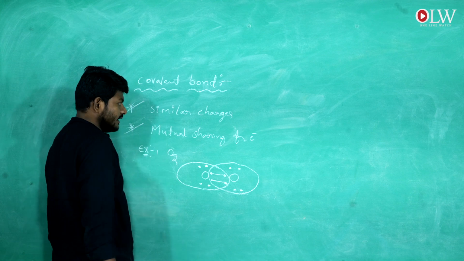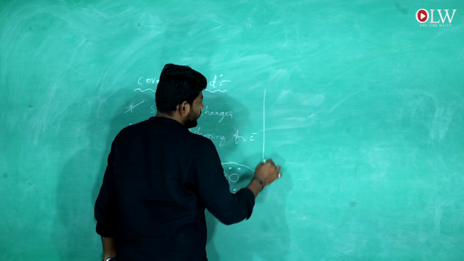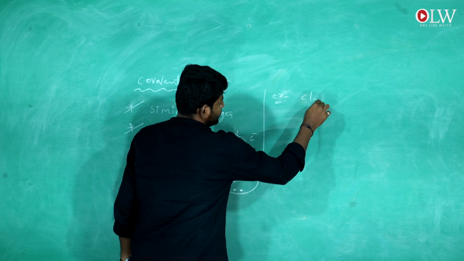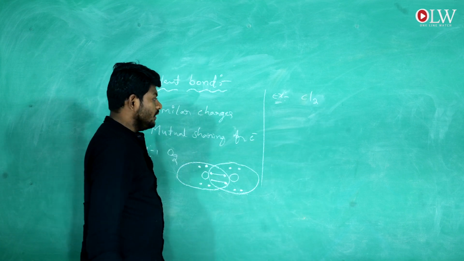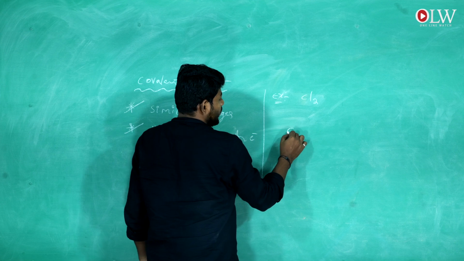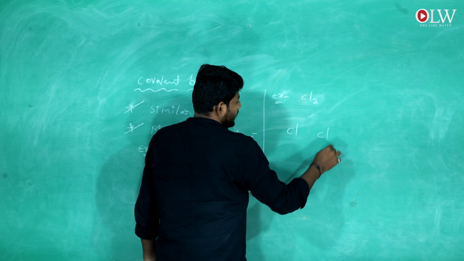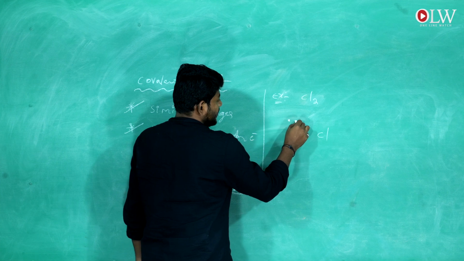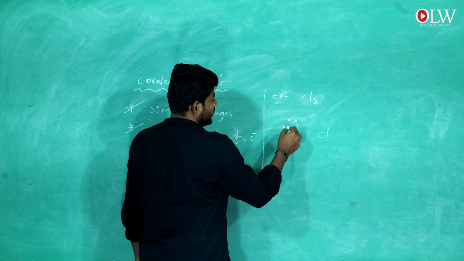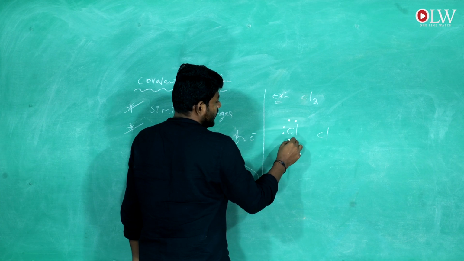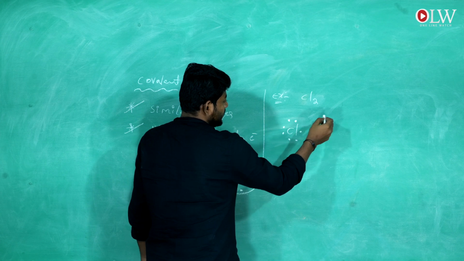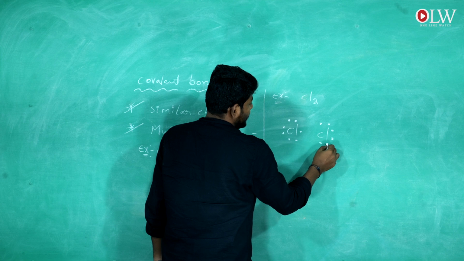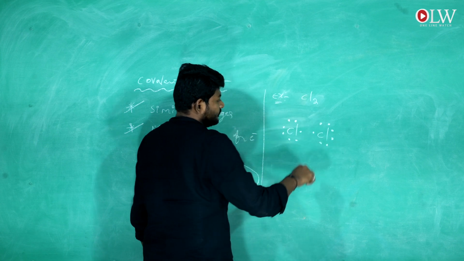Let's take another example, example 2: Cl2. Two chlorine atoms, this is one and this is one. Each chlorine atom contains 7 valence electrons in its outermost shell: 1, 2, 3, 4, 5, 6, 7. This chlorine also has 1, 2, 3, 4, 5, 6, 7.